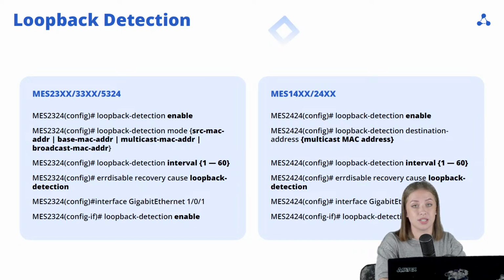By default, it's broadcast. Also in the global configuration mode, we need to determine the interval for sending loopback detection frames and turn on error disable recovery with the cause loopback detection. Finally, we enable this functionality in the interface configuration mode by the command with the option enable.